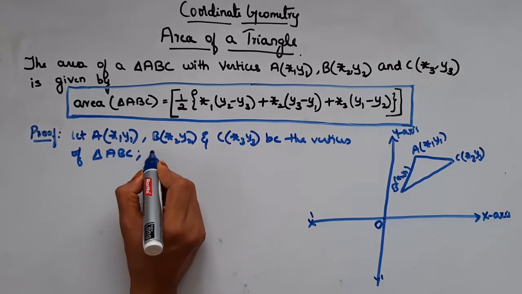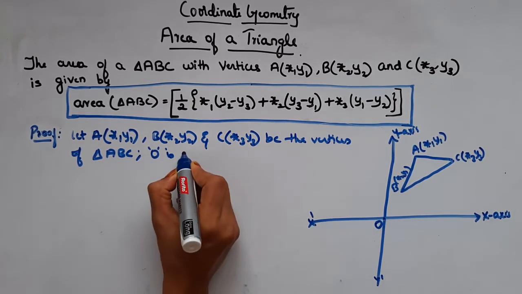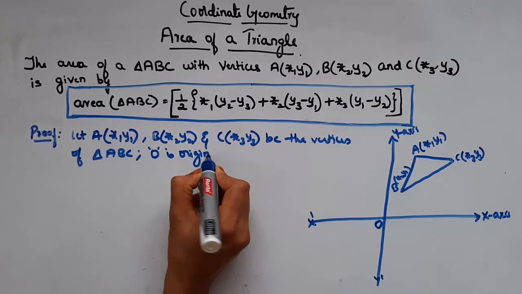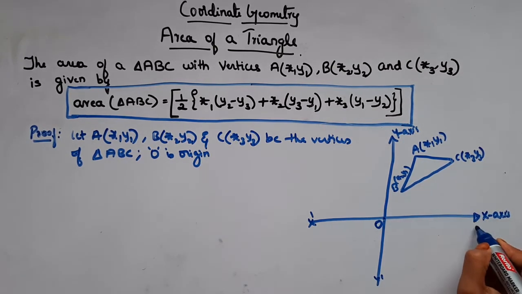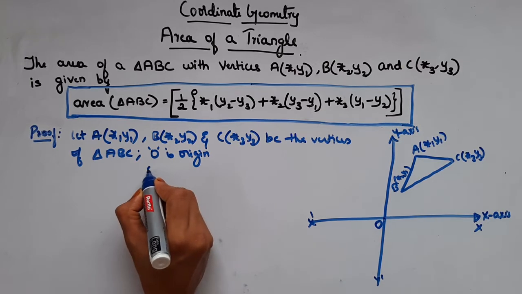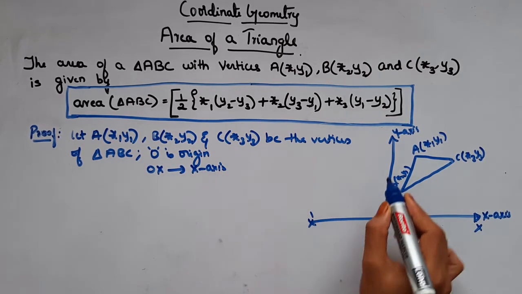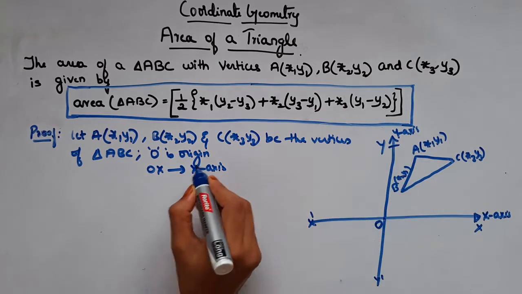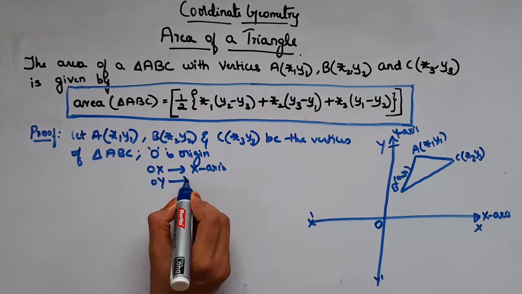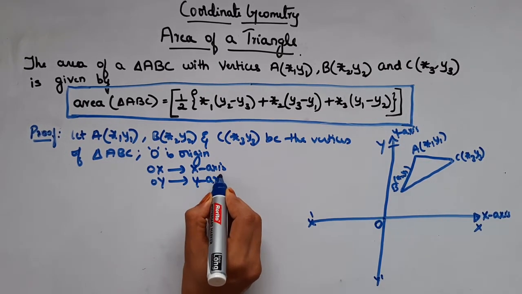Alright. And O is the origin. Right. So let's take this point as X, so OX is your x-axis, and let's take this point as Y and OY is your y-axis, right?